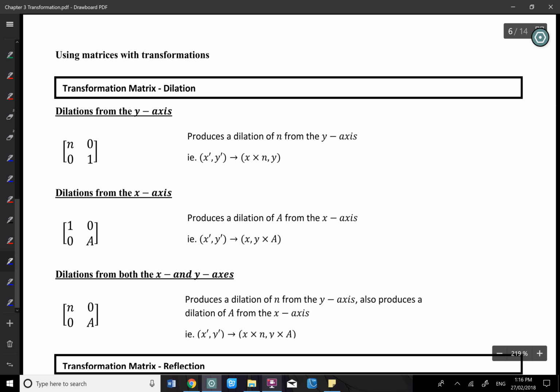Let's write this at the beginning. Transformation description is equivalent to matrix.